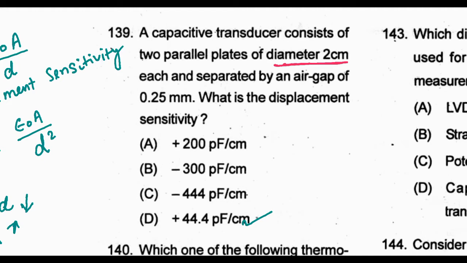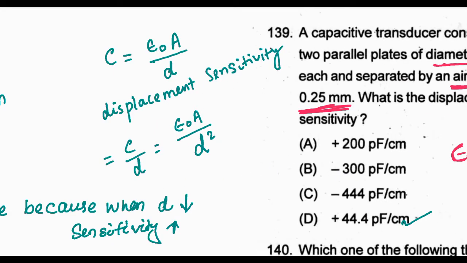Again it is given that this is an air gap, so we will use epsilon naught, and epsilon r will be 1. Another thing is the air gap distance of 0.25 mm. That is the value of D. So capacitance becomes epsilon 0 A by D, and what will be the displacement sensitivity in terms of capacitance by displacement?